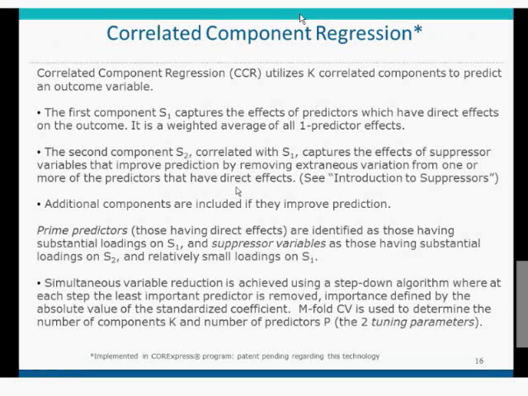So they should not be ignored, and one of the main problems today is that in the case of high-dimensional data, we have so many predictors that it's common practice to eliminate suppressor variables, any variable that's uncorrelated or not statistically related to the dependent variable, before you start the analysis.